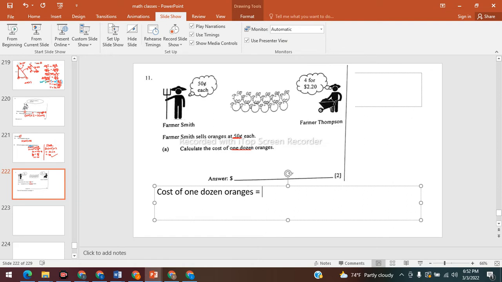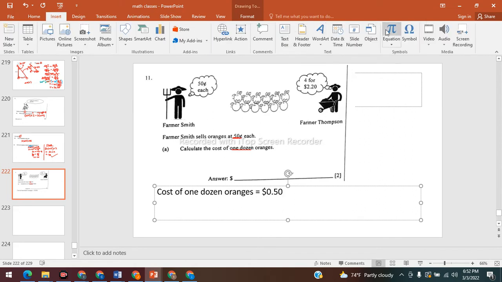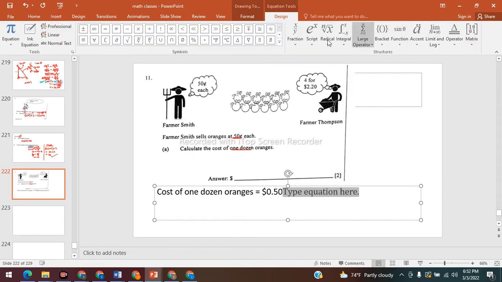The cost of a dozen is 12 times 50 cents, which will give you $6. Sorry, 50 cents times 12.